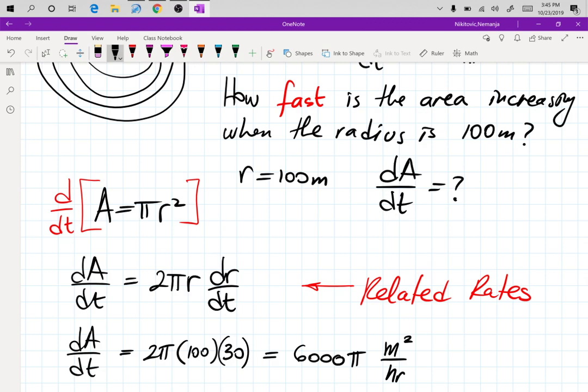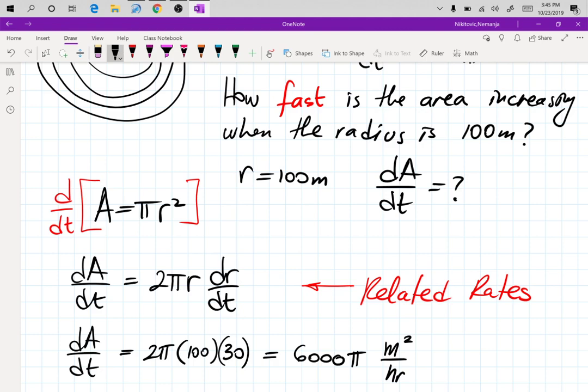Great. What's y? Distance of the bottom plane. And what is the speed?